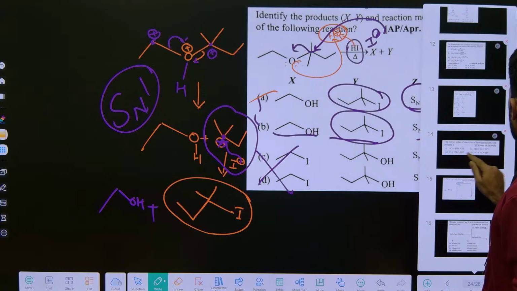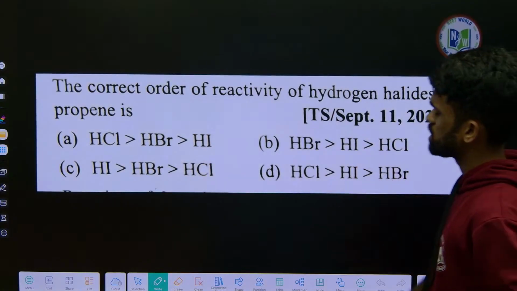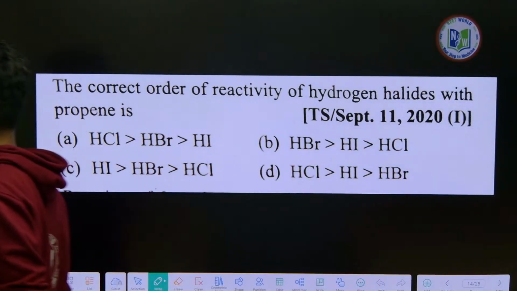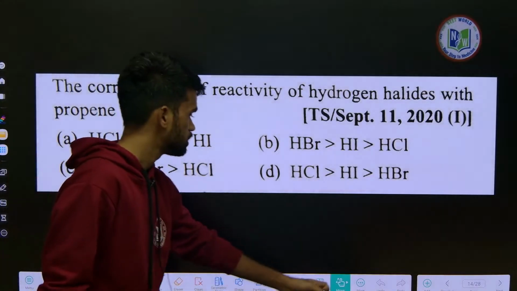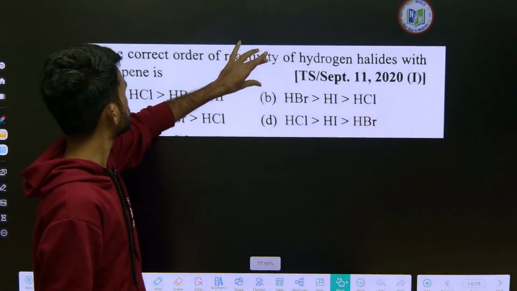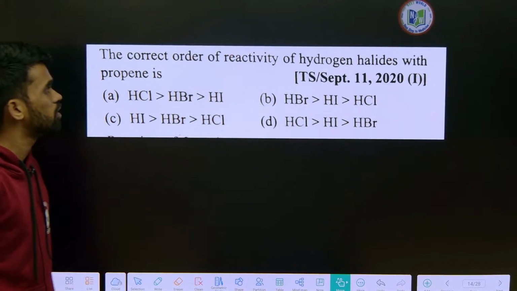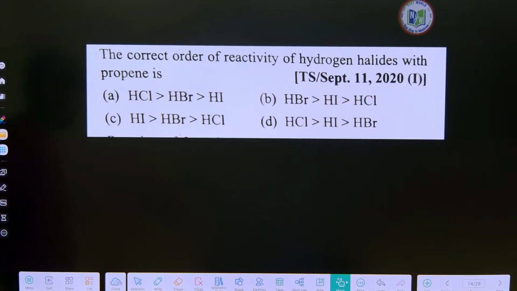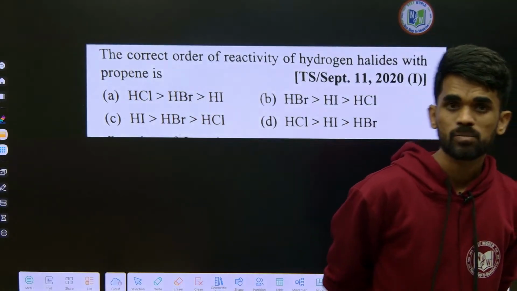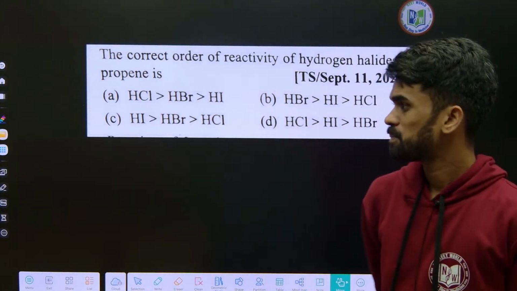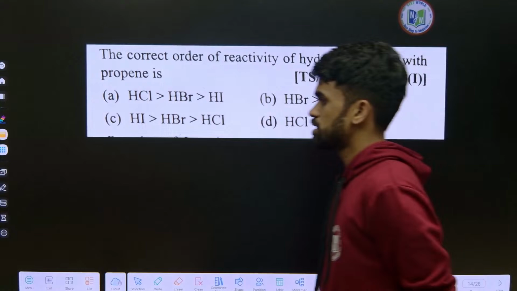Based on the previous discussion, you should be able to answer this easily. I know you will answer this. Just try once. The correct order of reactivity of hydrogen halides, how will they react?